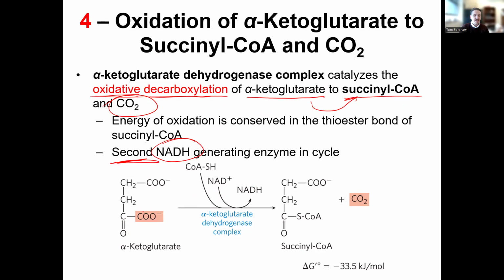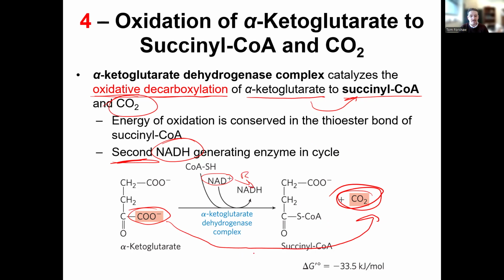And this carbon here is oxidized again and comes off as CO2. But what happens along the way is that this is coupled to a reduction again of NAD to NADH, whereas alpha ketoglutarate to succinyl CoA is an oxidation, to get this redox couple again.